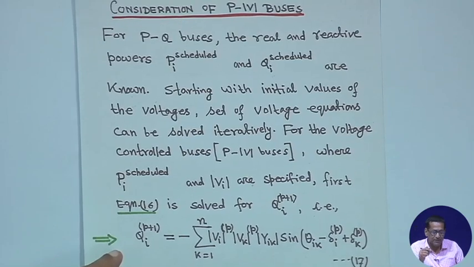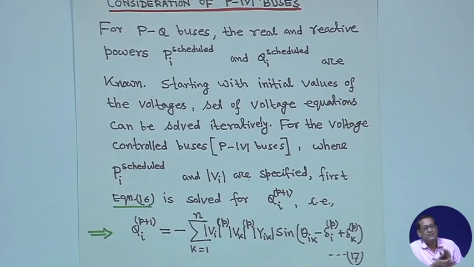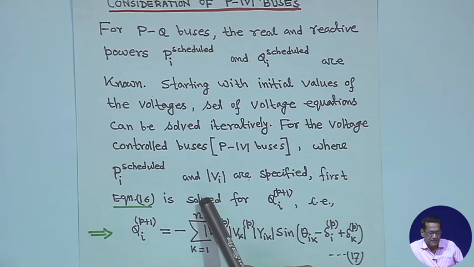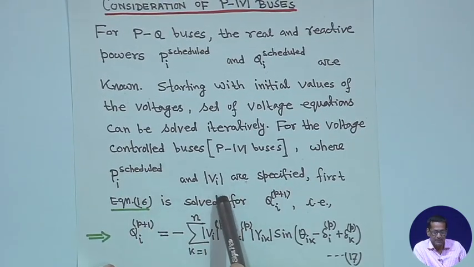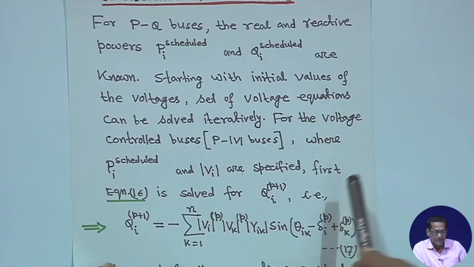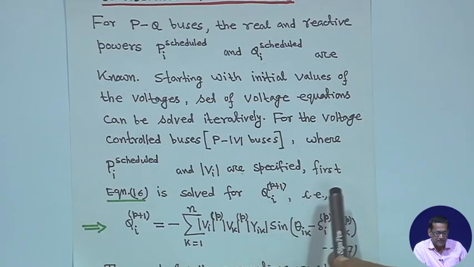Starting with the initial values of the voltages, the set of voltage equations can be solved iteratively using the Gauss-Seidel method. But for the voltage control bus, the PV bus, P_i schedule and the voltage magnitude |V_i| are specified.